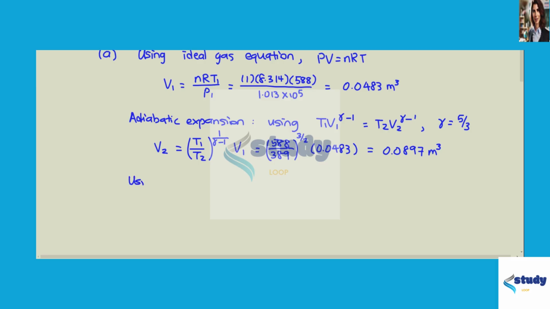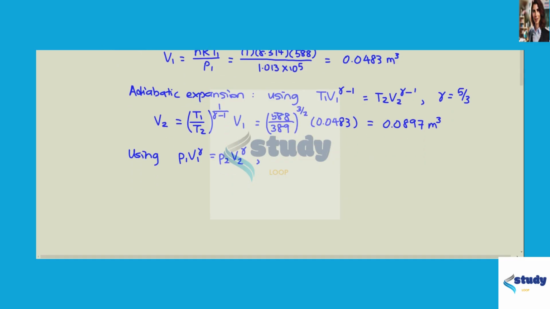We can also find P2, using P1 V1 to the gamma is equal to P2 V2 to the gamma. So P2 will just be P1 times V1 over V2 to the gamma. Put in the numbers.